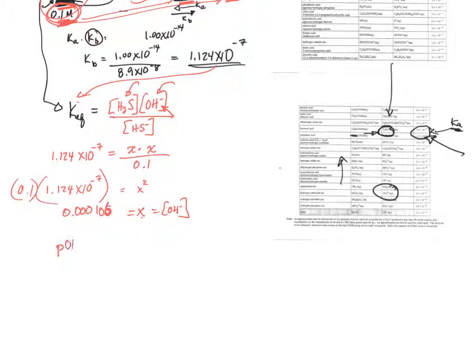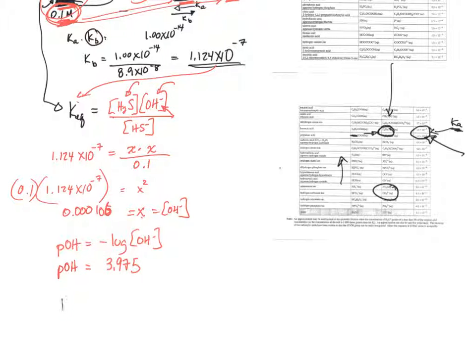So the pOH I can get from taking the negative log of the hydroxide ion concentration. Okay, let's do that. So I've got to go negative log of my answer. So the pOH comes out to 3.975, we'll call it. That's the pOH.